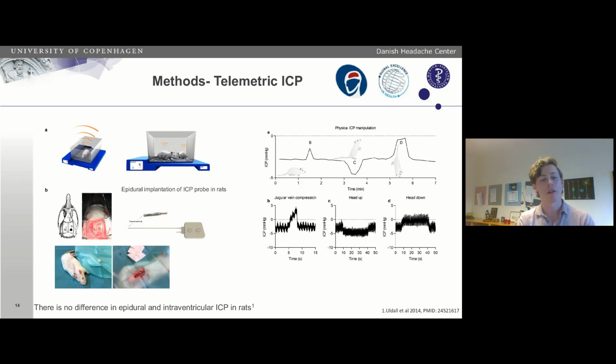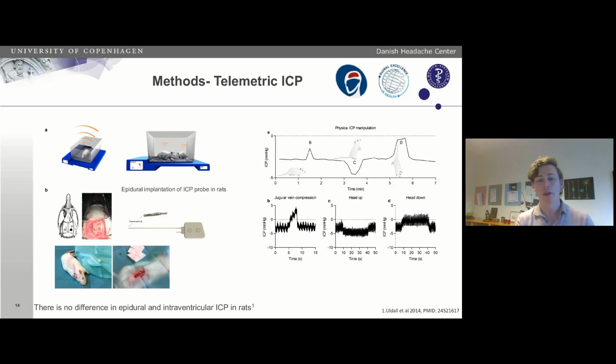We then tunnel the pressure catheter under the skin, and we drill a small hole in the parietal bone where we insert this pressure tip epidurally. I don't know, in humans, pressure tip replacement makes quite a big difference. Previous work from my group suggests that epidural and intraventricular measurements are practically identical in rats.